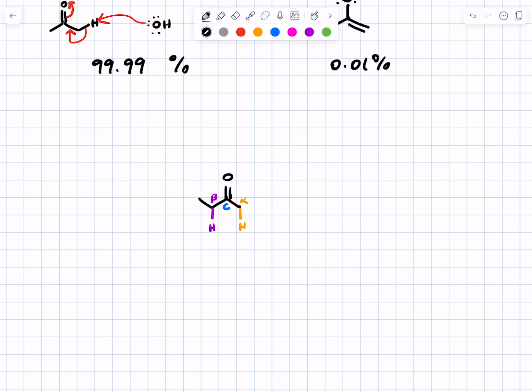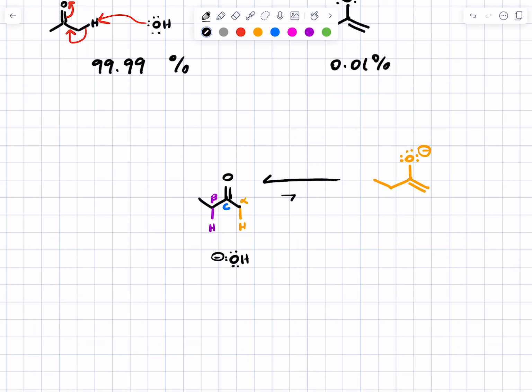If we remove the orange alpha proton, we get the orange enolate, which I'm going to just draw with this resonance structure. And again, for now, let's just use OH minus as our base.